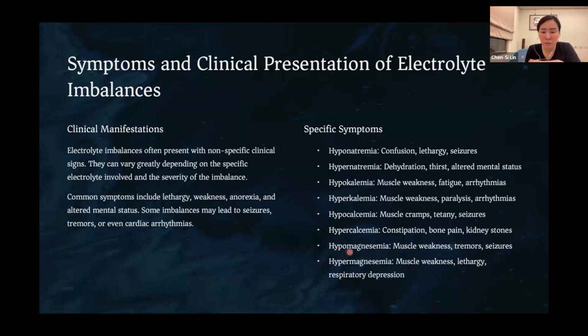So we can see either hypo- or hypermagnesemia within the blood will result in muscle weakness and tremors, and in some severe cases seizures. And in severe hypermagnesemia cases, it will repress the respiratory function. That would be fatal to the animals.